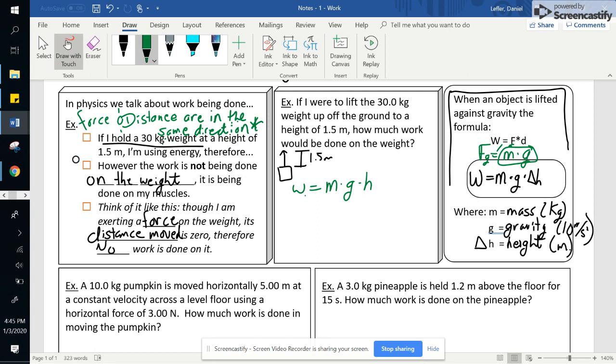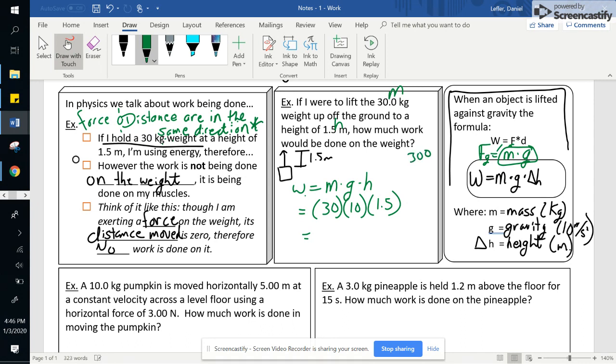So when we go to look back at our problem, our mass is our 30 kilograms. Our height is the 1.5. Gravity we always know is 10. So we can plug in our numbers. So 30 times 10 times 1.5. Let's see here.